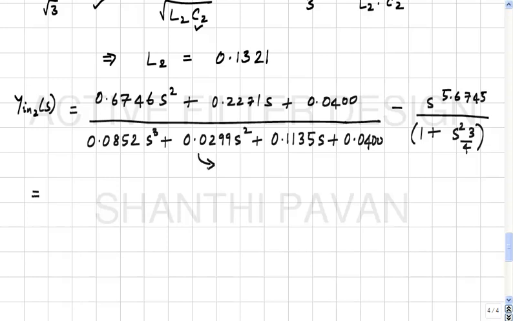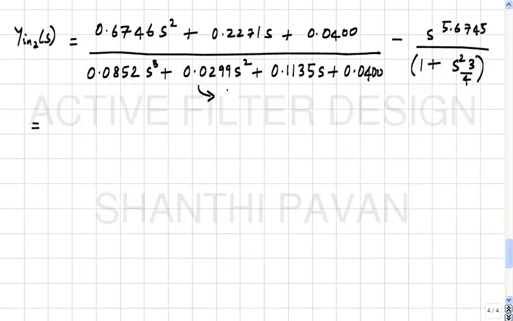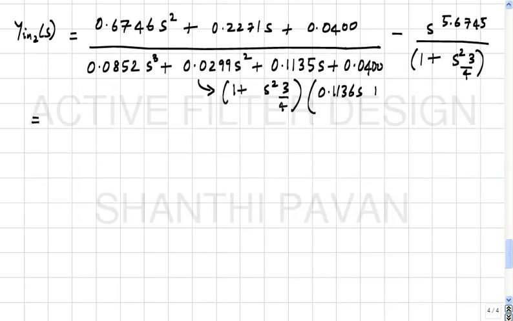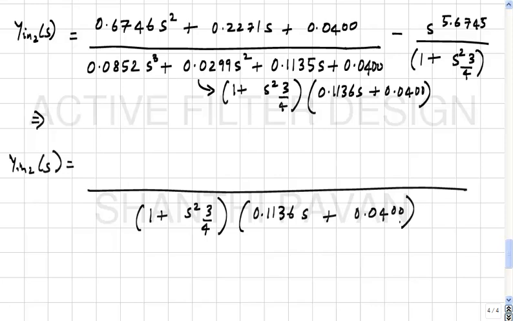We already know that this can be factored as one plus s square into 3 by 4 times 0.1136 s plus 0.0400, which therefore means that y in 2 of s is 1 plus s square 3 by 4 times 0.1136 s plus 0.0400 times the numerator.